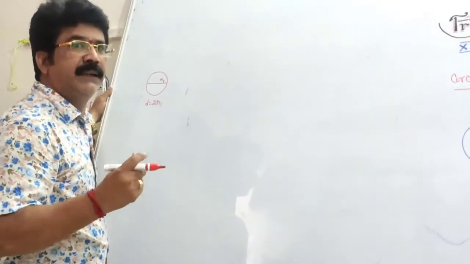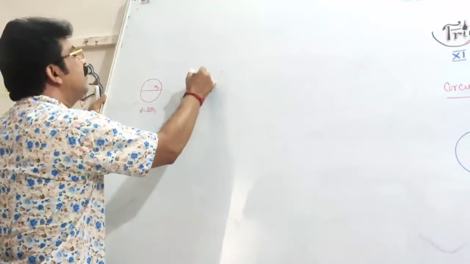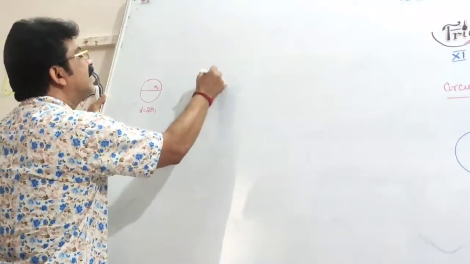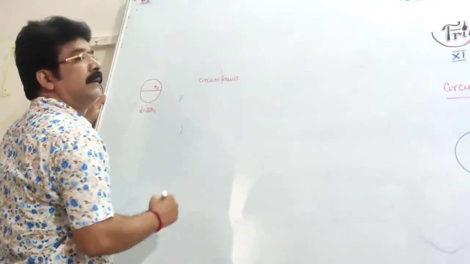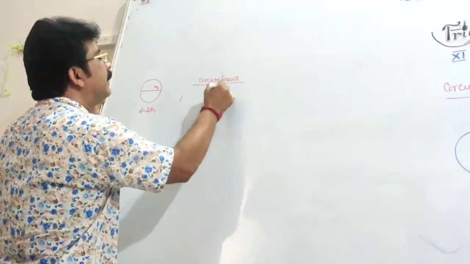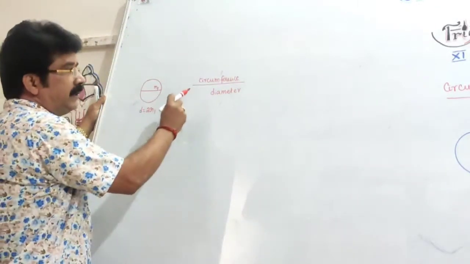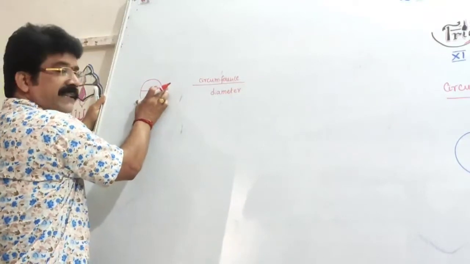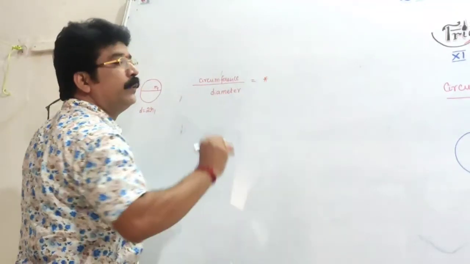Let us find one ratio, that is the circumference of the circle divided by diameter. Let us find this ratio for this given circle. Okay, we obtain some value.